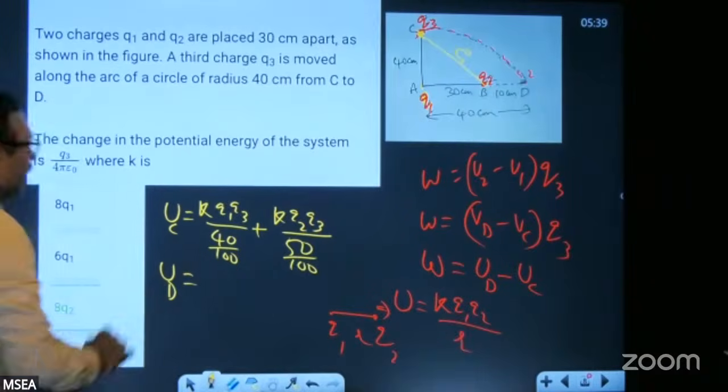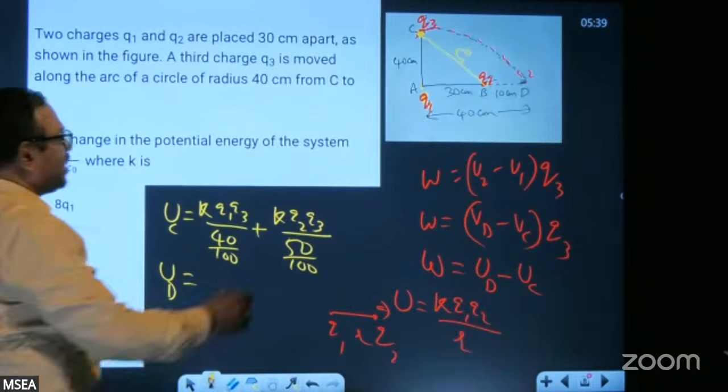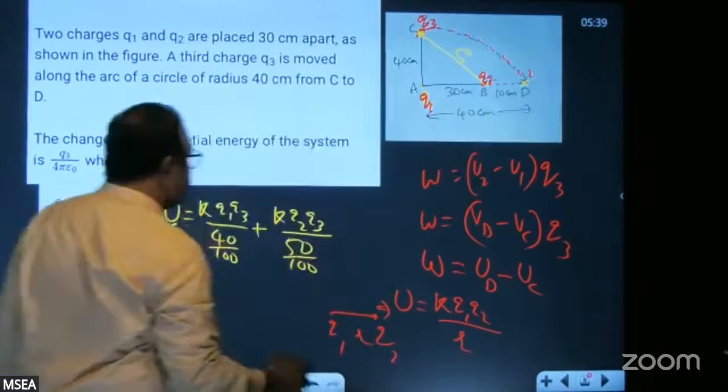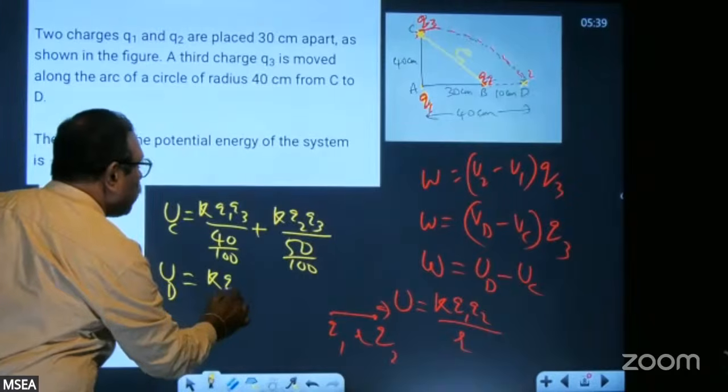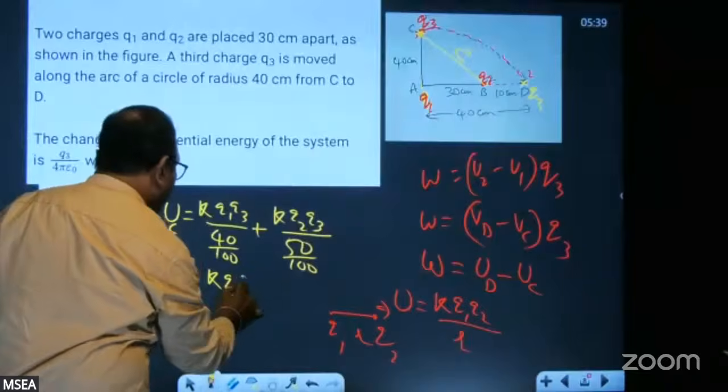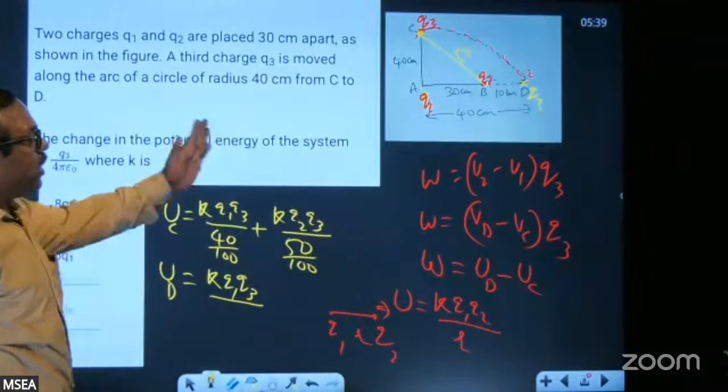Then what is the potential energy at D? One part is due to Q1 and Q3, since the charge moved from C to D. At what distance?